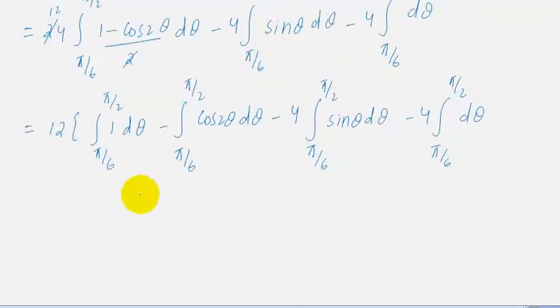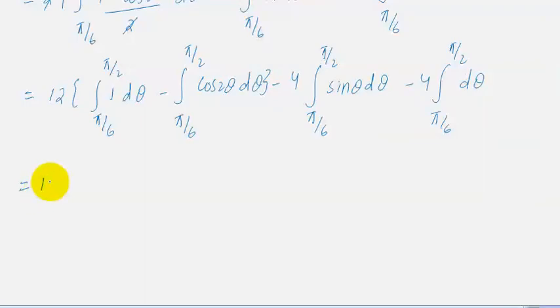Now we apply the integration. Here 12 is taken as common from these two terms, so here we use a bracket.